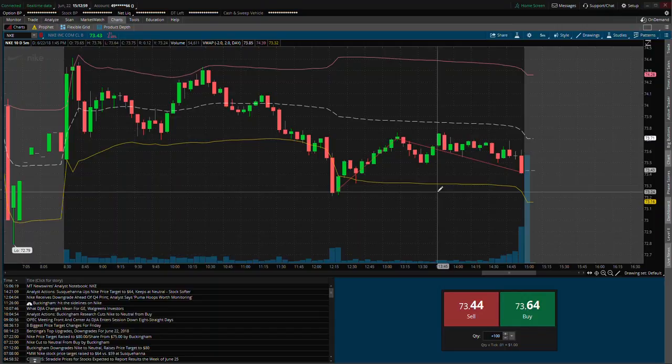One thing to remember with stocks, it is easier for the price of a stock to drop than to go up.